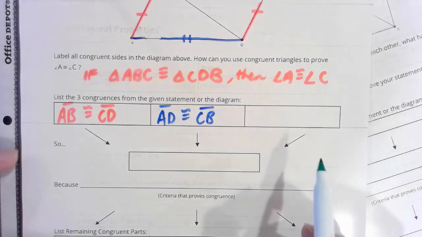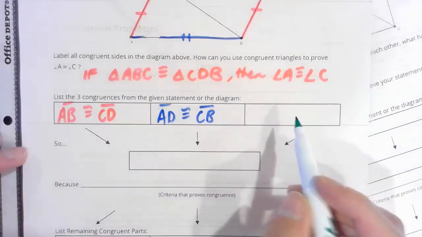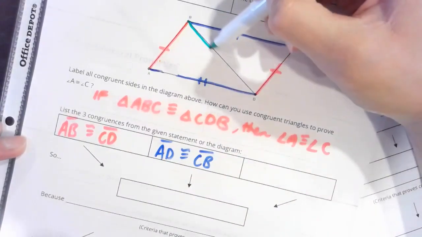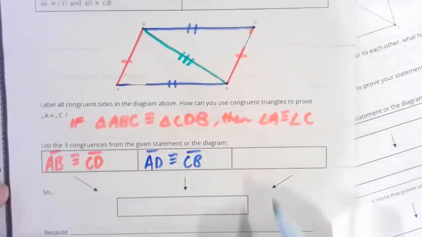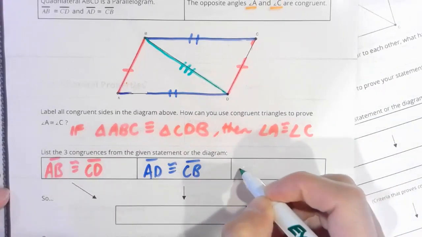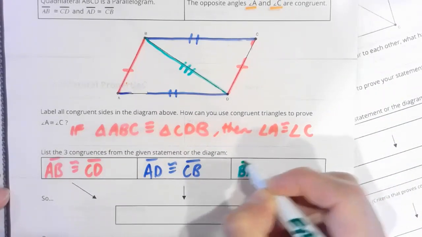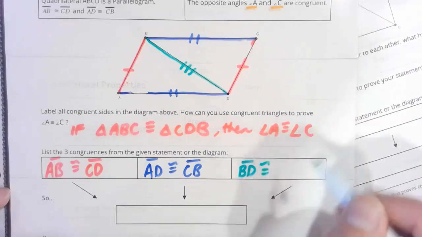And in this instance, we have a third side that we can use. It's this shared side. That one right there. So I can say that side BD is congruent to itself.